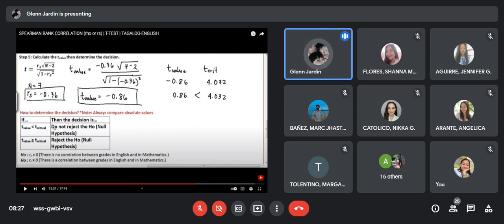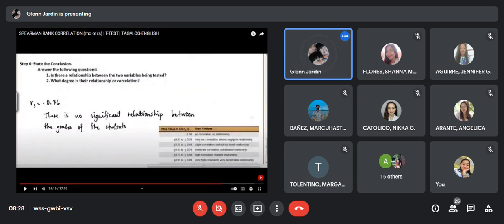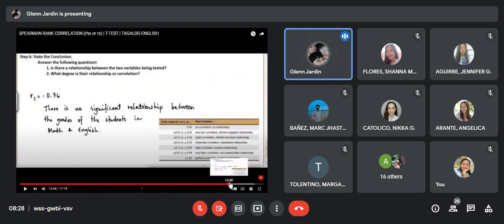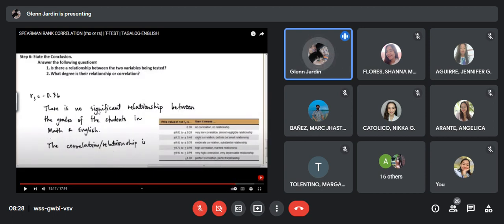You can easily construct your conclusion. Okay? Sinulat ang ating conclusion. Since na-compute natin is 0.86, there is no significant relationship between the grades of the students in math and English. Ayan.